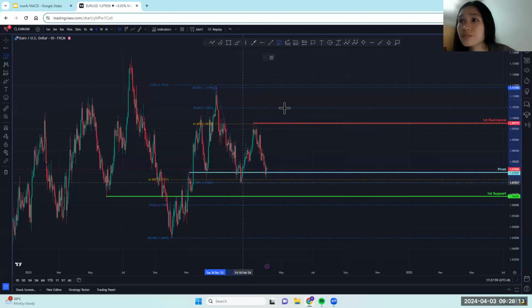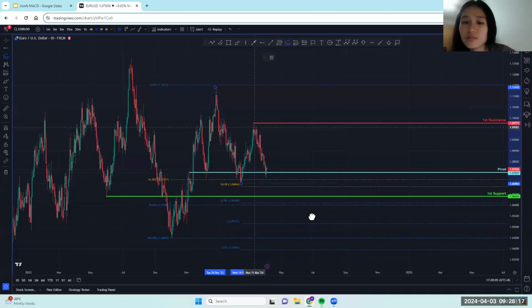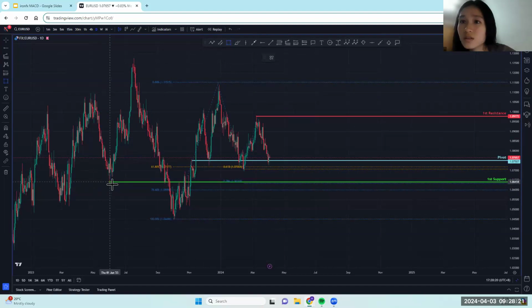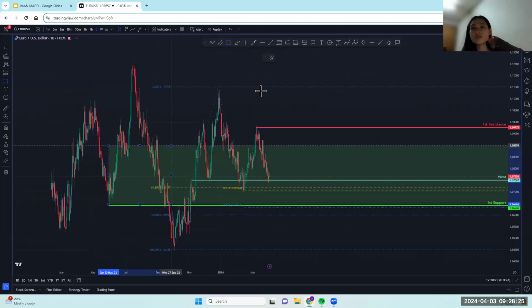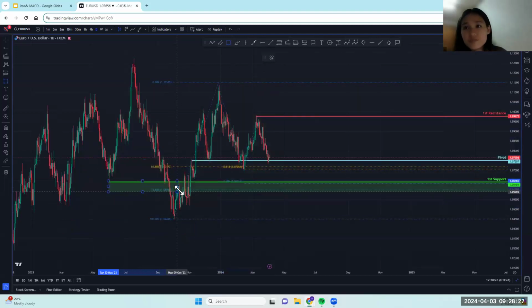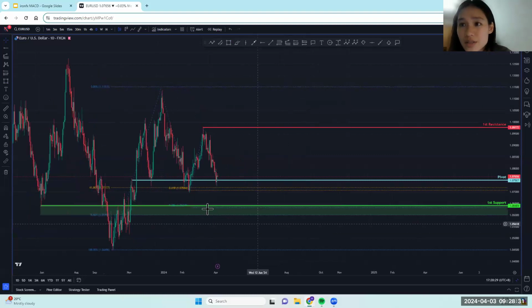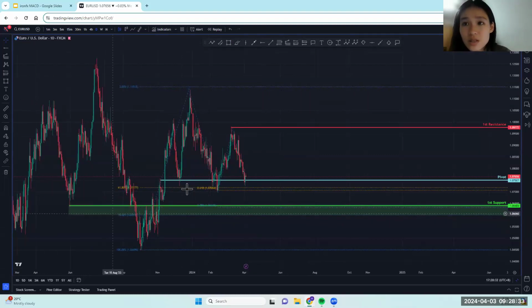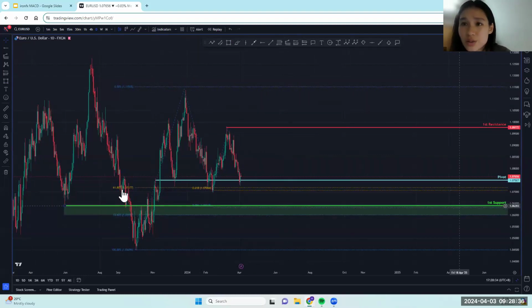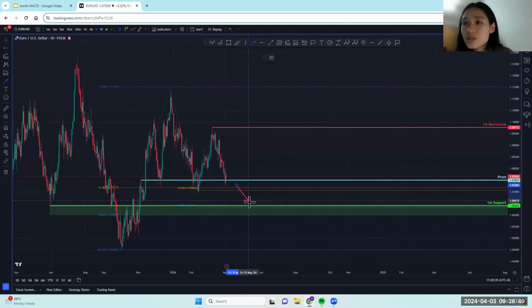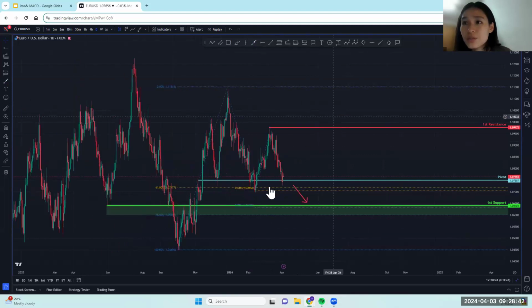So you can see that I have 78.6 lining up with my first support, and also two that line up with my pivot. So I'm expecting price to continue to drop towards my first support.